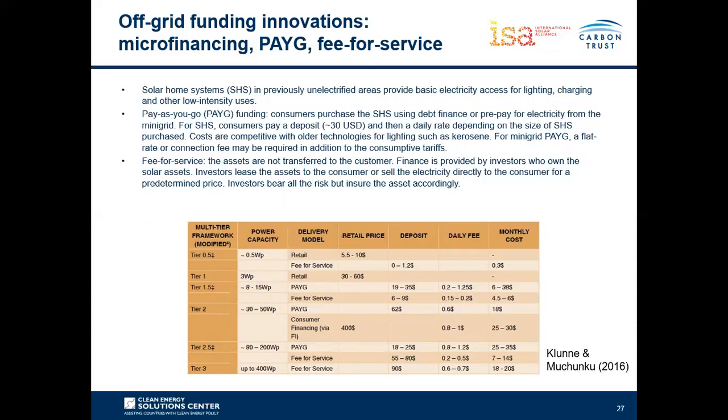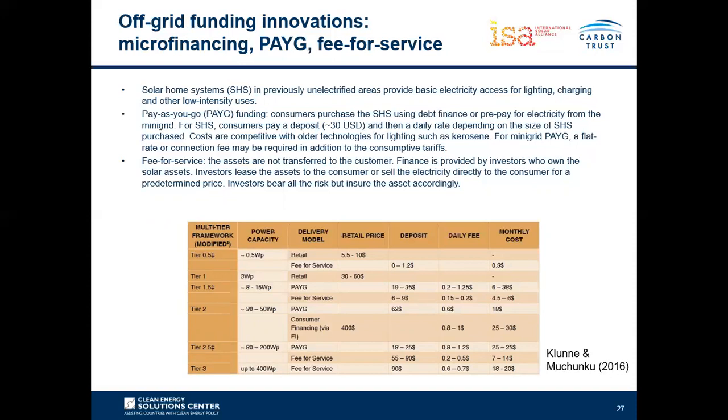Pay-as-you-go funding is typically also known as a lease-to-own model, where the developers sell the equipment needed for the electricity generation to the customer. However, they finance it over a longer period so that it's more affordable for these households that don't have the upfront capital to afford the equipment.